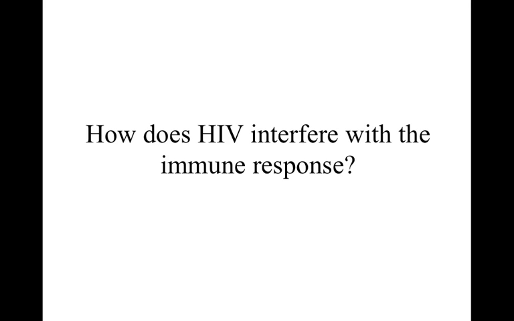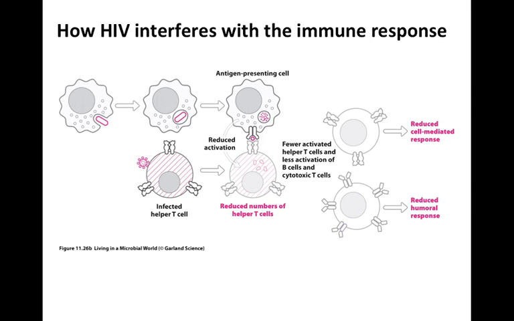How does HIV interfere with the immune response? We looked at an example in class. HIV infects CD4 positive T cells, so that's the main cell that it will infect.